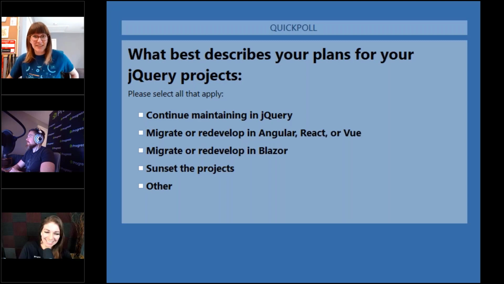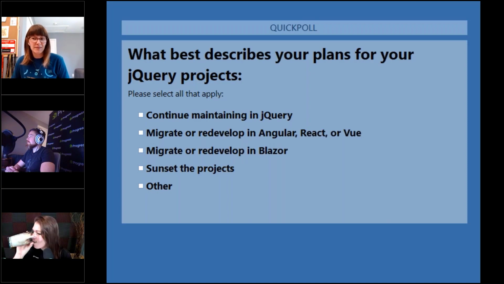I actually really love watching the poll answers come through. The options are: continue maintaining, migrate or redevelop in Angular, React, or Vue, migrate or redevelop in Blazor, sunset those projects, or something else, something we didn't think of. And if it's something we didn't think of, you should totally tell us in the chat because I'm curious.